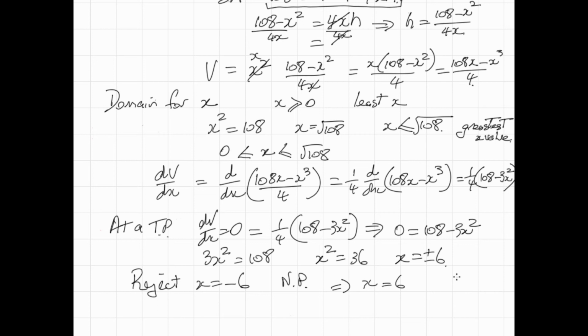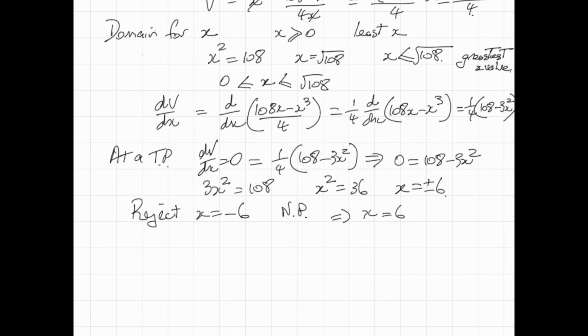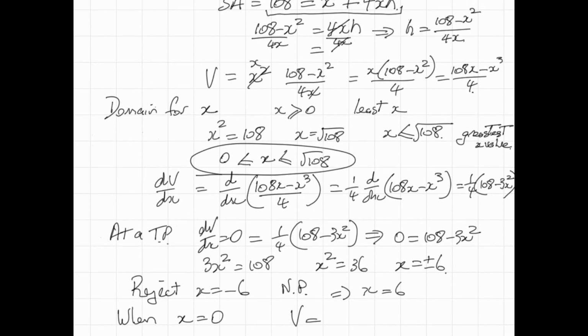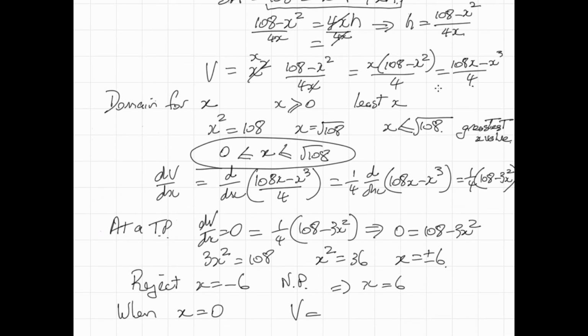Now, we don't know whether that turning point is a maximum or minimum, but all we've got to do now is go through, just like our absolute maximum minimum questions, we've seen from our domain for x that we've got those end values. So we substitute in each of the end values and this value to see what is the greatest volume. So when x equals 0, the volume is in terms of x, here it is here.